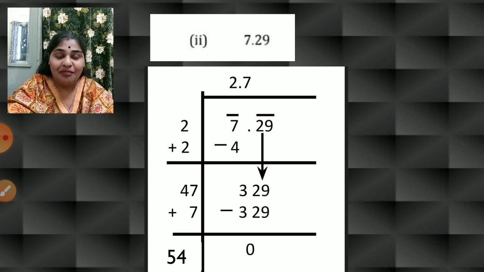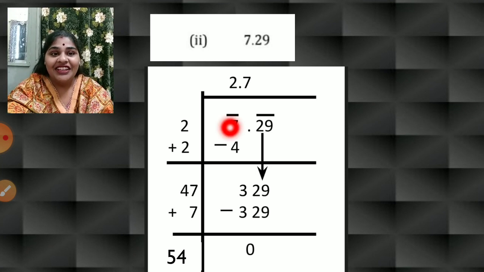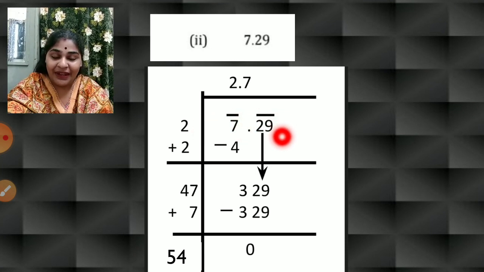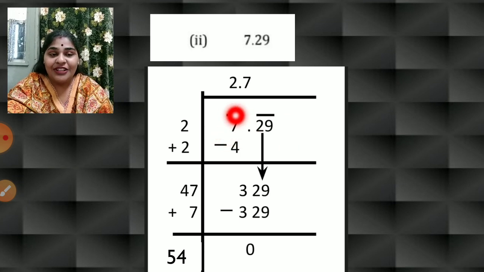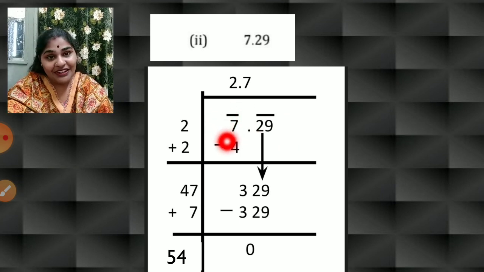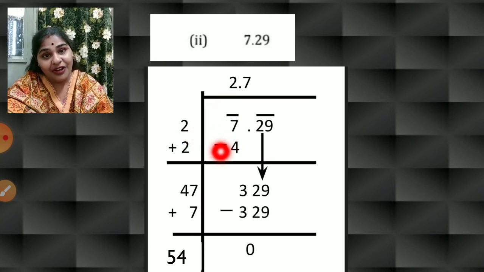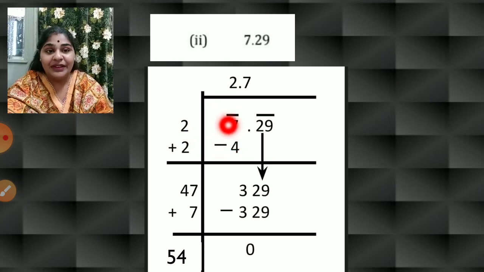So this is 7.29. You will first write the number, start pairing in the integral part as well as decimal part. Okay, now you'll concentrate on the first pair in the integral part. It is 7. So 2 2s are 4 we have taken, because 3 3s are 9 will be greater than 7.